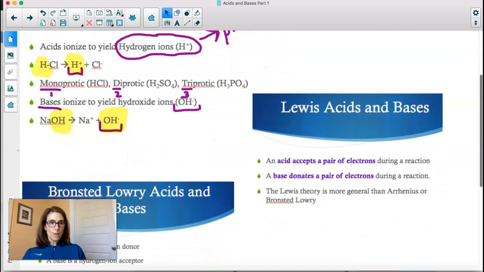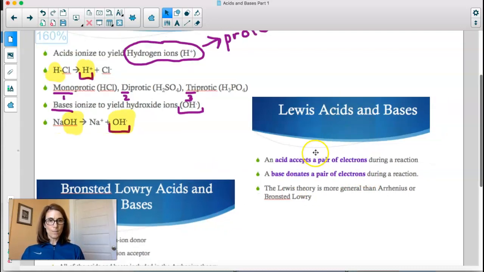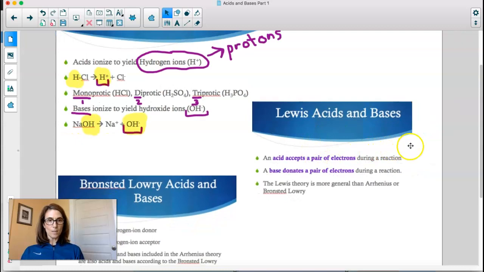Another theory on acids and bases, and I'm not a huge fan of the Lewis acids and bases theories. They're a little tough to understand, but you can think of it sort of as the opposite of Bronsted-Lowry, which we'll get to in a minute. So Lewis acids and bases claim that an acid is a substance that accepts a pair of electrons during a reaction, and a base is a substance that donates a pair of electrons during a reaction.